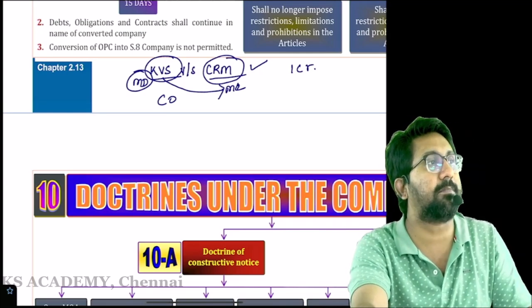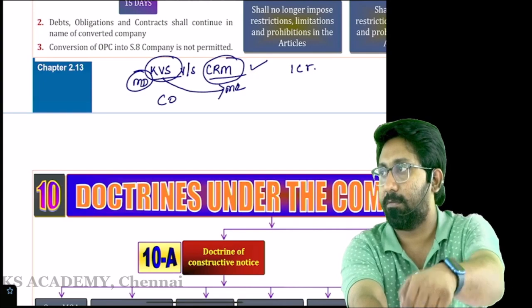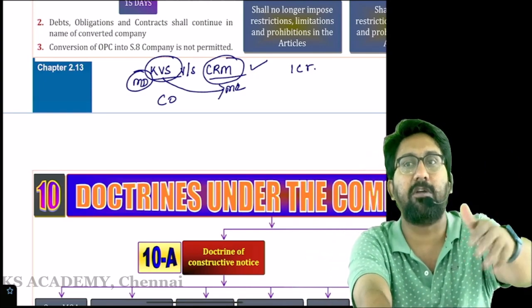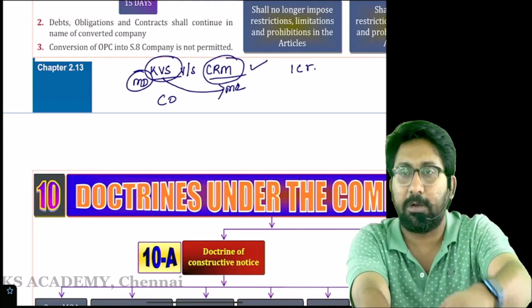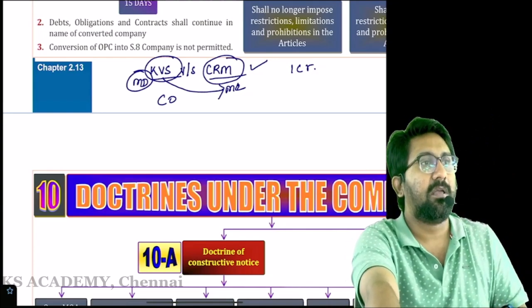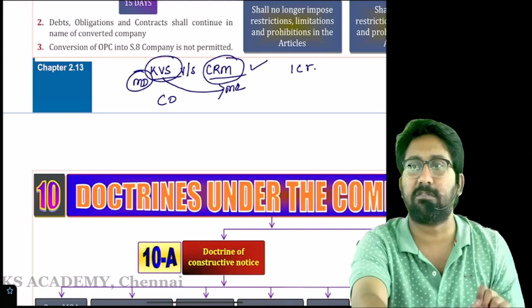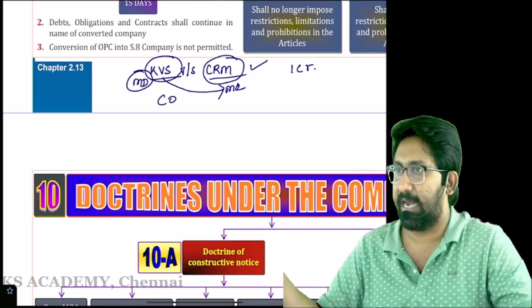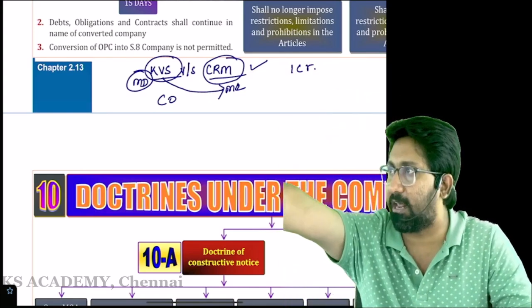For that, coaching becomes an incidental object. Same way, the company's main object is buying, selling, manufacturing, profit, etc. But to achieve that, I require finance or not. In FM, you learn two types of decisions: investment decision and financing decision. This becomes finance. That's the idea behind this. Hope everyone understood the concept clearly.